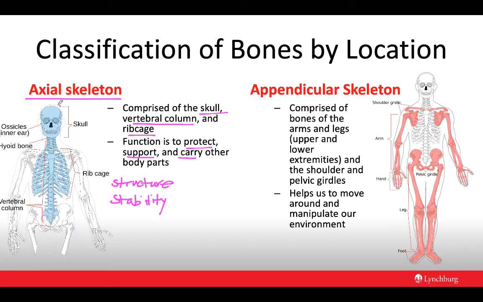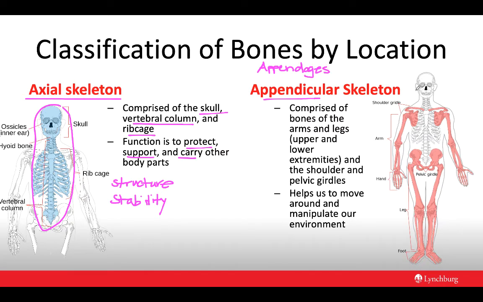So all of this through here is basically here to provide a stable base for our appendicular skeleton to connect to. Our appendicular skeleton, or appendages, basically means our arms and our legs.